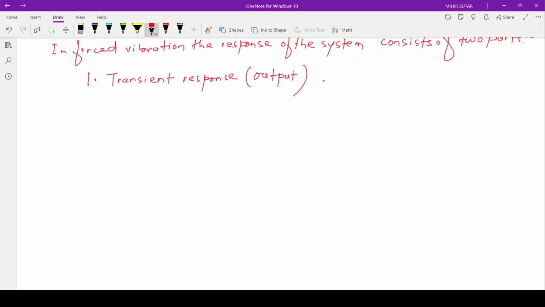In the transient response, the system will vibrate with a damped frequency.